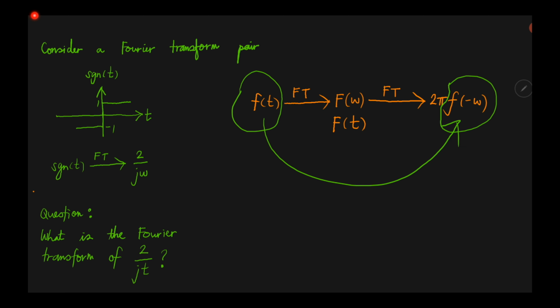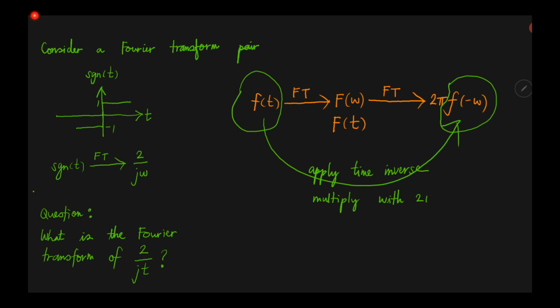We just need to do the time inversion. And then of course multiply the amplitudes with 2 pi.